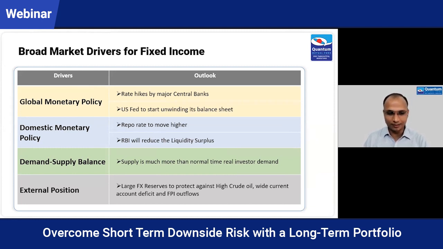The third big angle is the demand supply, because after COVID, government also came into spending more, and they widened the fiscal deficit. So their expenditure is much higher than their revenues, and the gap they are filling with borrowing from the market. Now, when they borrow more, that puts pressure on the bond market.